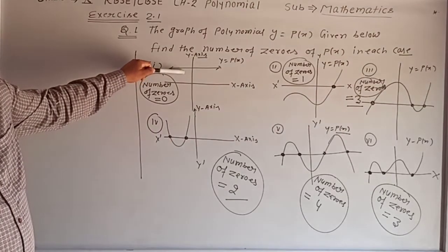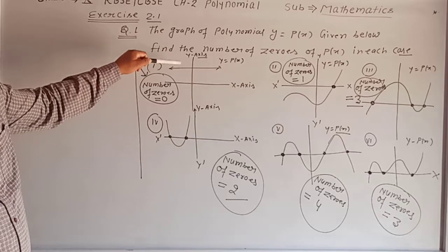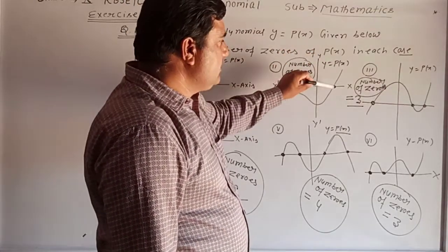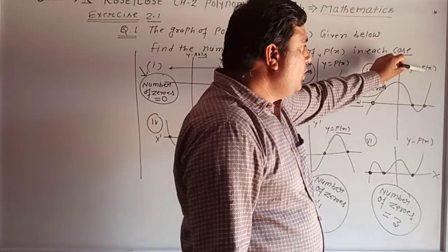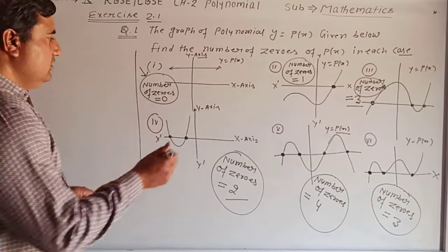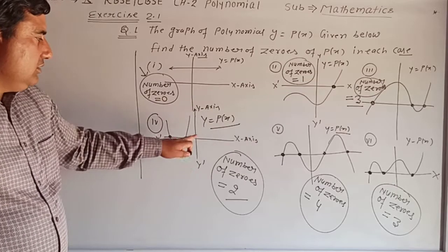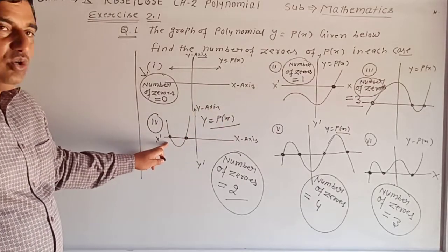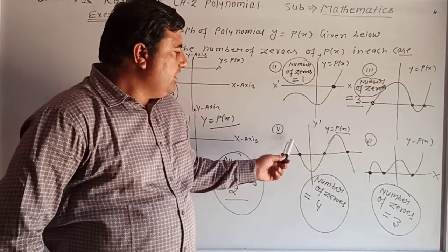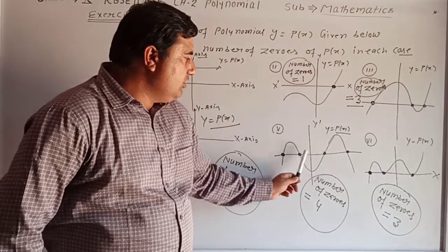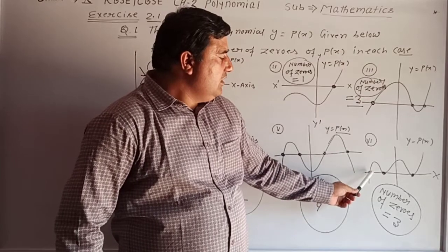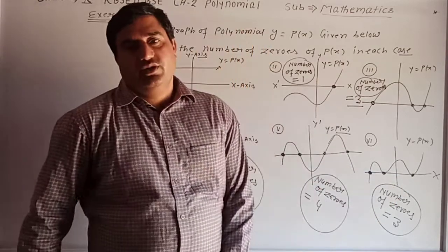This graph does not intersect the x-axis, so the number of zeros is 0. One intersection means 1 zero. Three times means 3 zeros. Two times means 2 zeros. Four times, 1, 2, 3, 4, means 4 zeros. And 1, 2, 3 means 3 zeros.